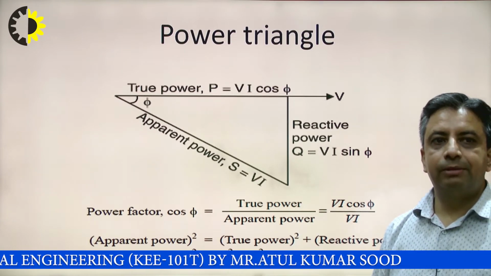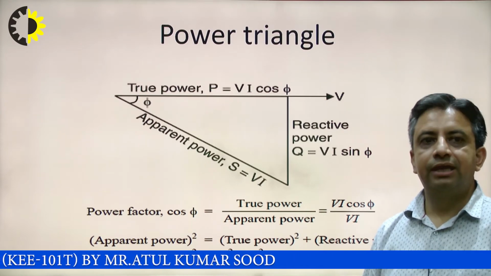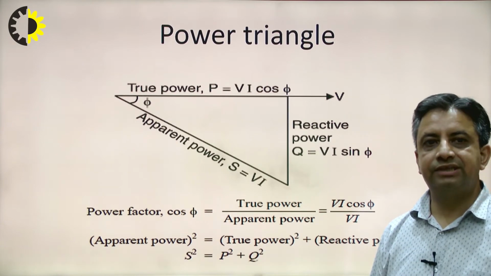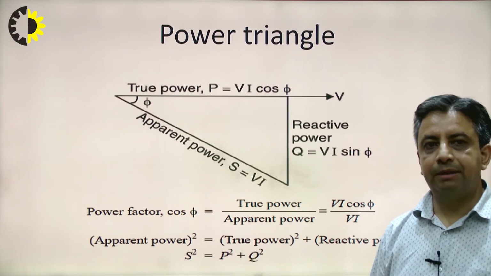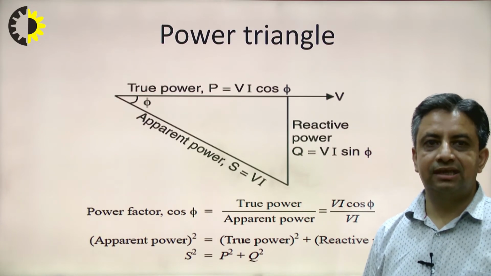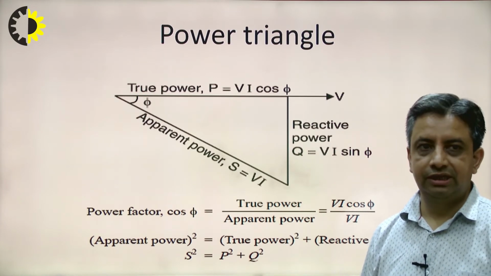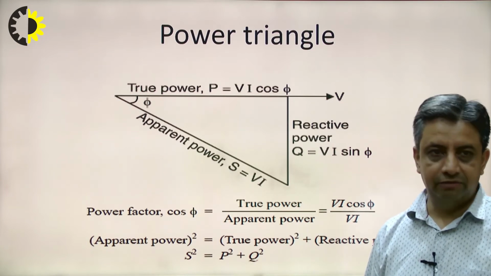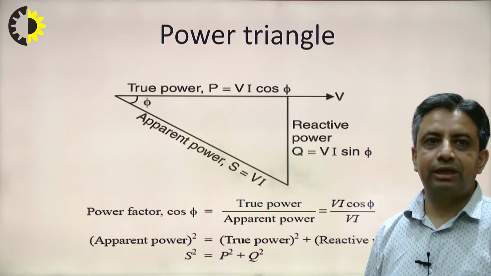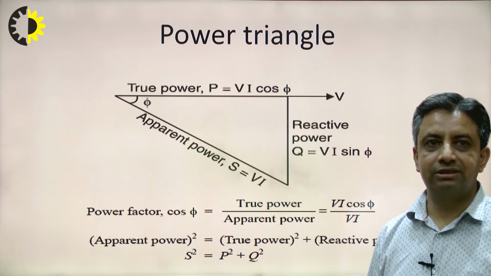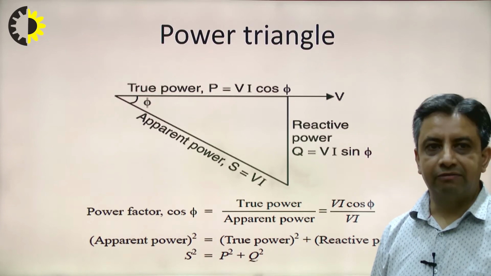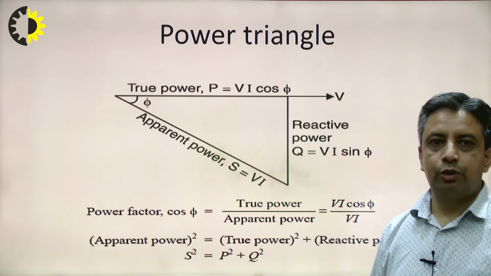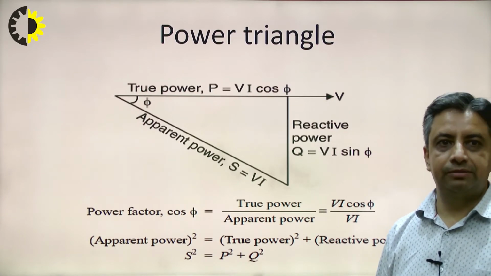In terms of power, it will be the ratio of true power to the apparent power, because true power is VI cos phi and apparent power is VI. They will get cancelled out, so again we are left with cos phi. You must remember this particular formula also to calculate the power factor. Next, there is an important relationship between these three powers, and that can be derived from this power triangle. That is, the apparent power is a phasor sum of true power and reactive power.